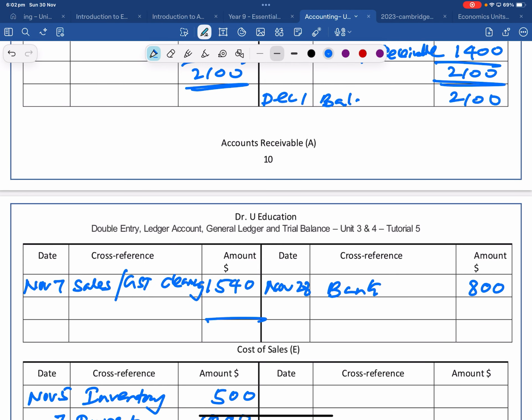Complete the ledger accounts. Because by looking at it, guys, we can't learn it. You have to practice it.